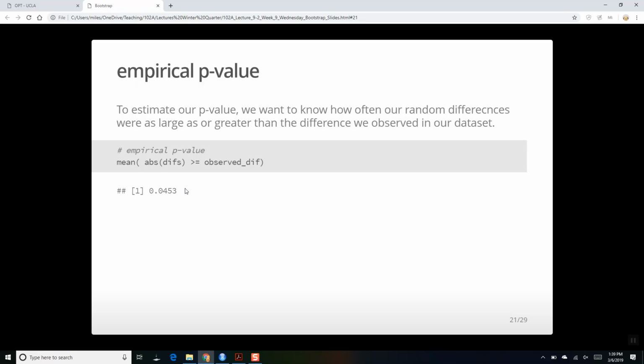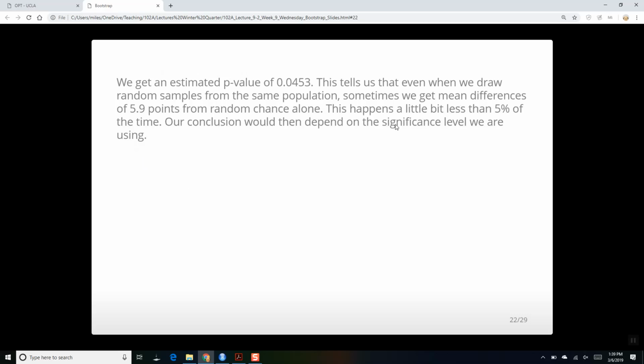But anyway, you get a p-value of something just under 5%, and depending on your significance level alpha, you might say this difference is significant or not significant. If your alpha is 5%, you will say, okay, we're under 5%, therefore my difference is significant.